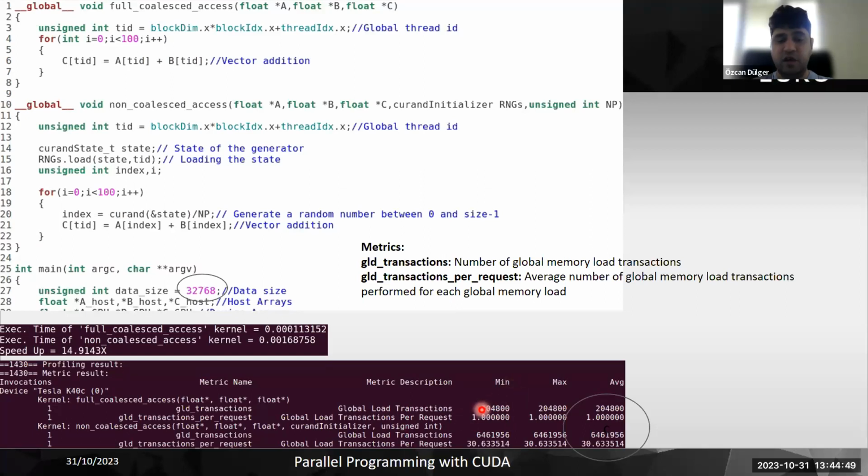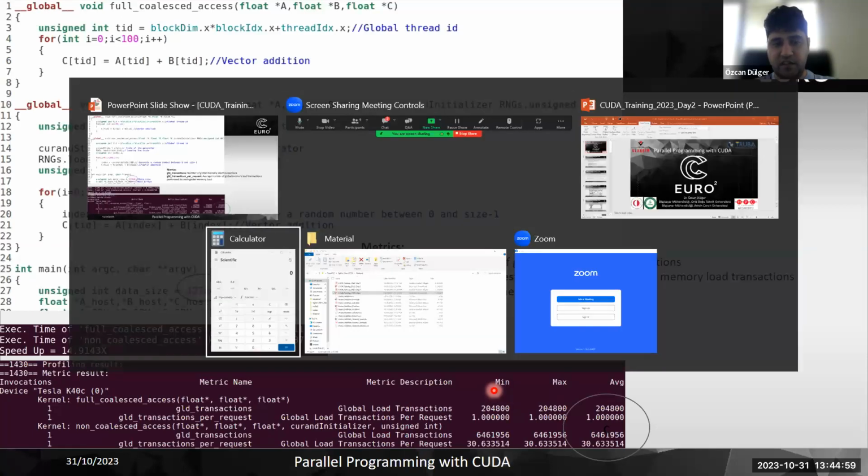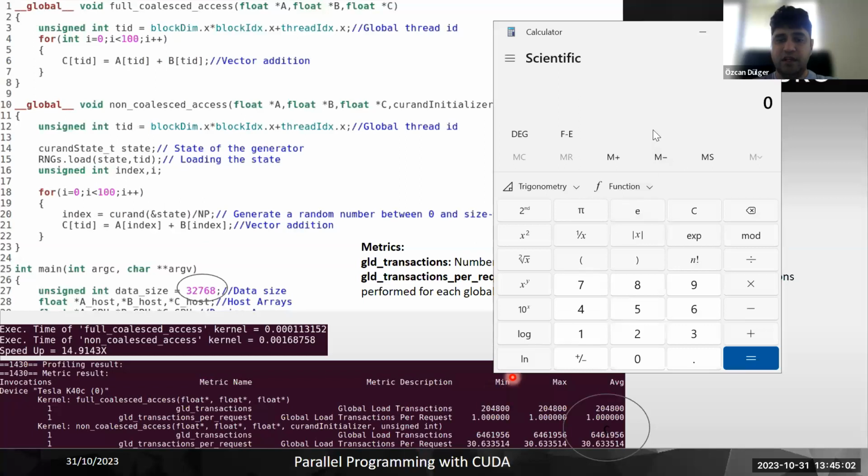And how can we calculate the total number of global load transactions? I would like to show you here with the calculator. The number of transactions is related to the warp. So at first we need to calculate the number of warps in the kernel. Here the data size is 32,768.